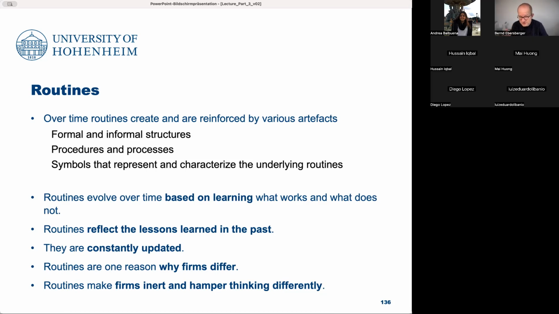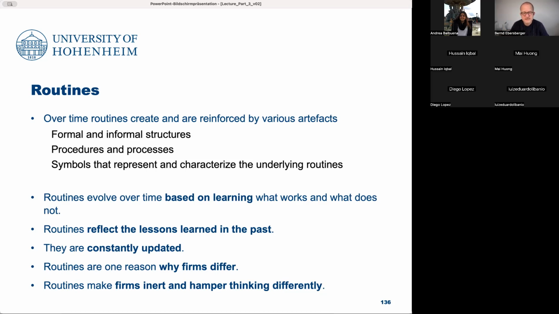As I said, routines evolved or developed by the organization learning what works and what does not work, what works and what fails. And routines are typically constantly updated, etc. And some of my colleagues, some of the economic scholars of innovation argue that it is routines that are one reason, not the only reason, but one reason why firms differ.